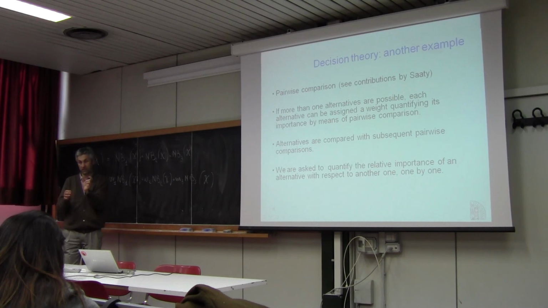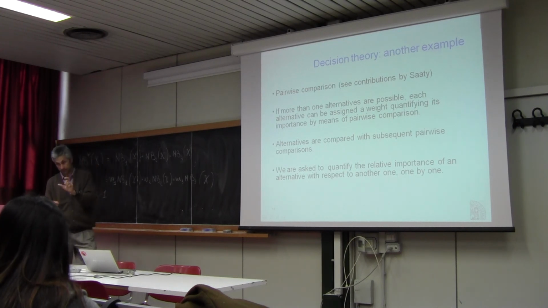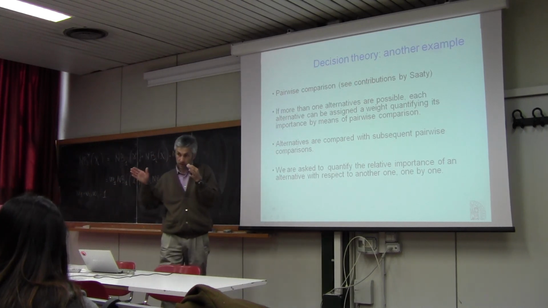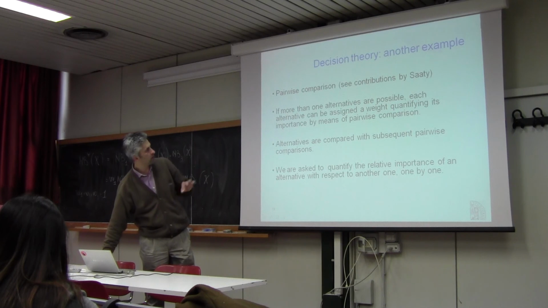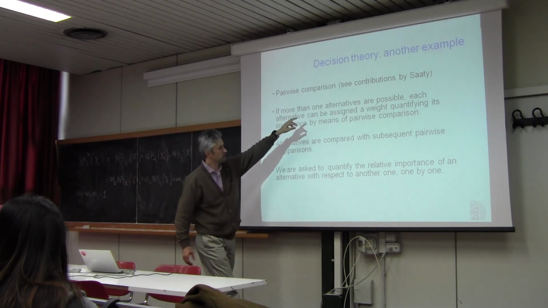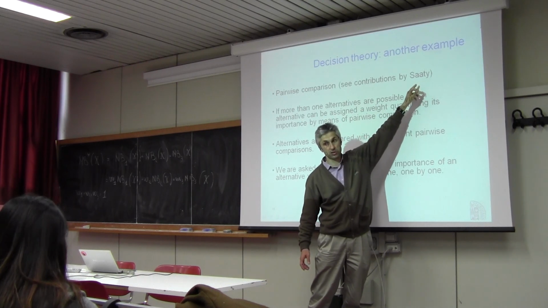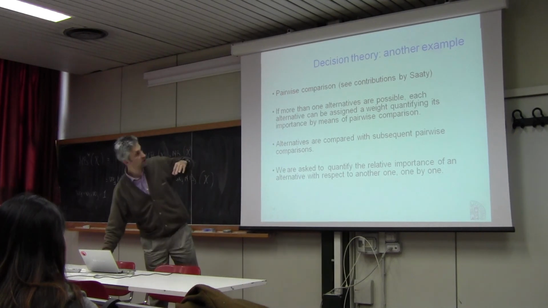Therefore, if you have three, you compare objective 1 with objective 2, and then objective 1 with objective 3, and then objective 2 with objective 3. This is pairwise comparison. So how can we compare these different objectives? We need guidelines, of course, and the guideline is given by this method, called Saaty, from the author, the proposer, of pairwise comparison. Saaty proposed a table, which you can see here.